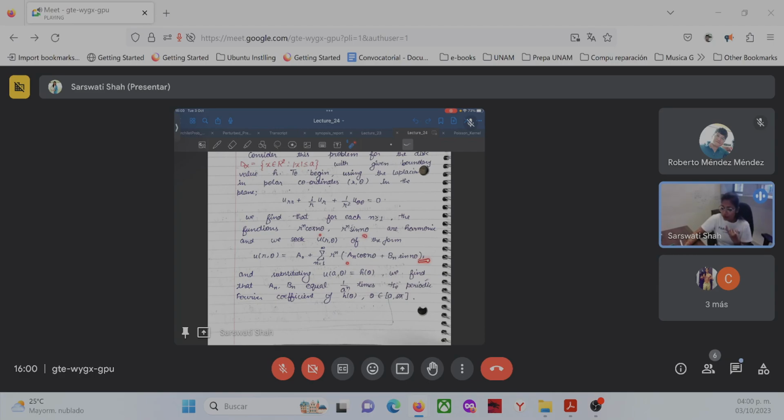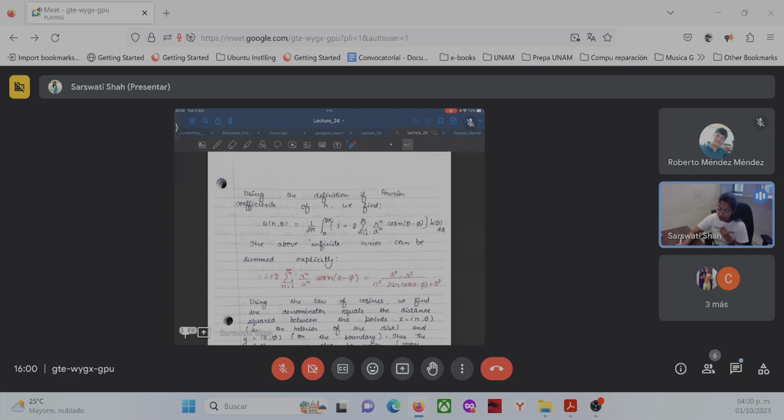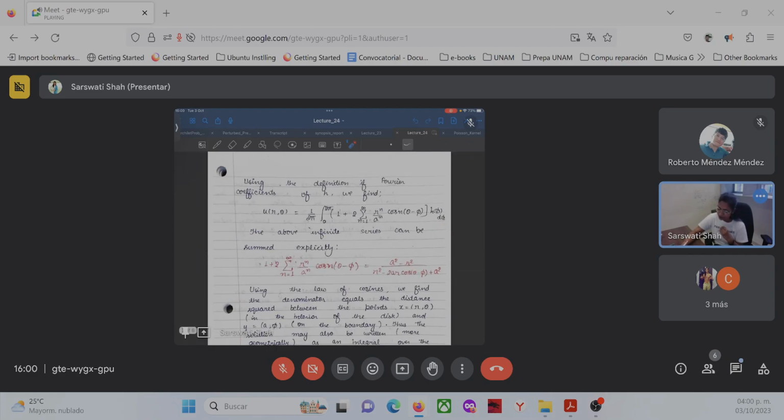Still we are left with two constants, a_n and b_n, which are unknown to us. So we have the conditions. One is the boundary condition, that is u(a, theta) equal to f(theta), and one is the periodicity condition. Using those two conditions, we aim to find a_n and b_n, because in that case it becomes a full range Fourier series. So in that way we find the solution in this form.